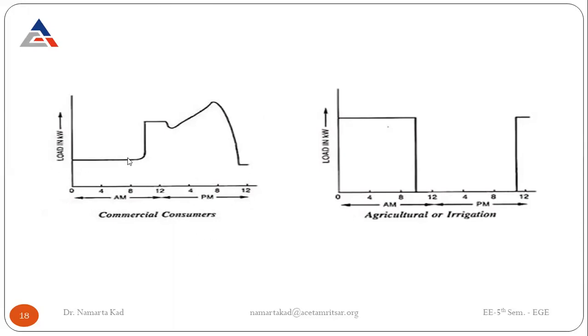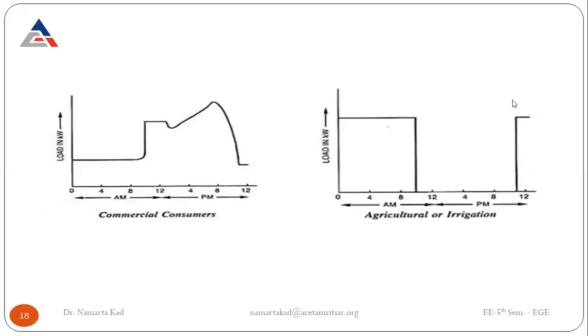And this constant load is in some of the shops, where refrigerators are there, or some other electrical LEDs and boards are there which remain on during the night also. So this constant load shows that.